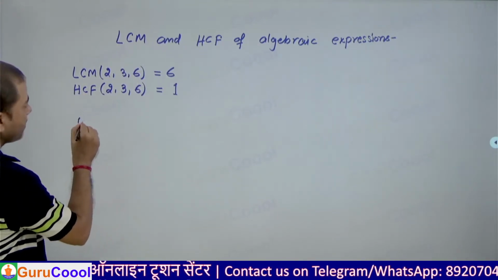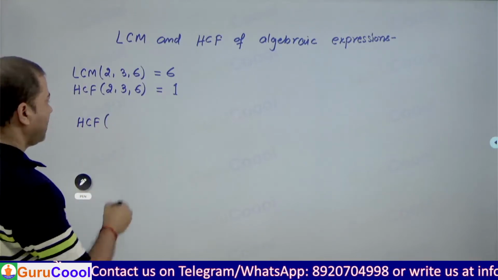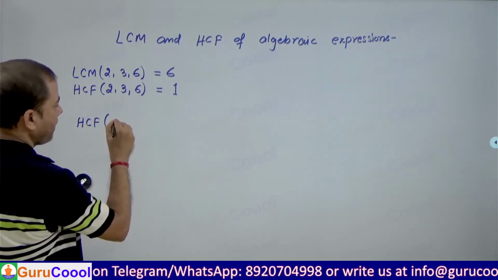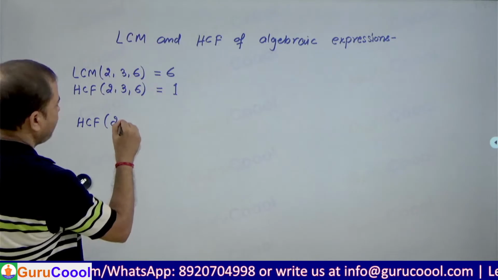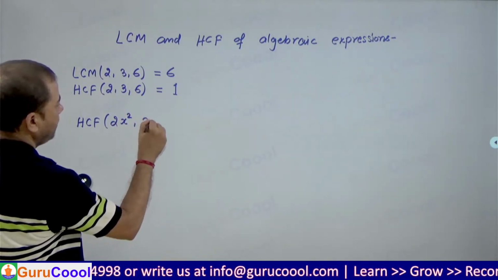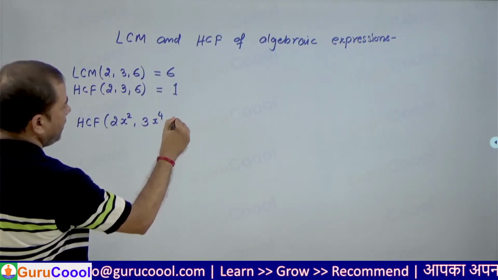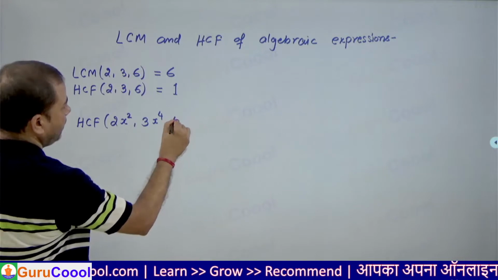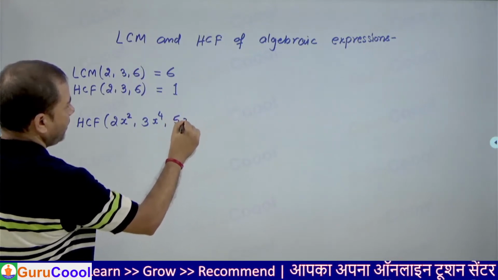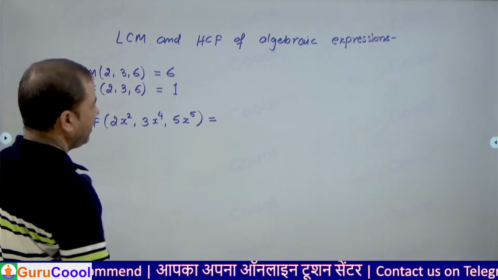We also have discussed how to find HCF of algebraic expressions like 2x square, 3x power 4 and 5. Let's take 5 here, x raised to the power 5. What is HCF of these three?